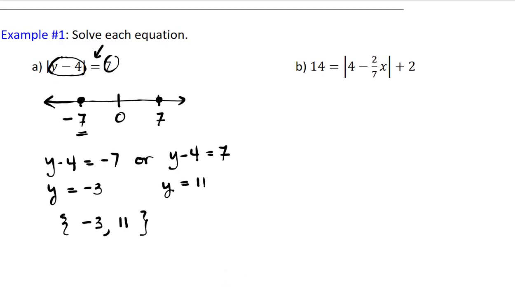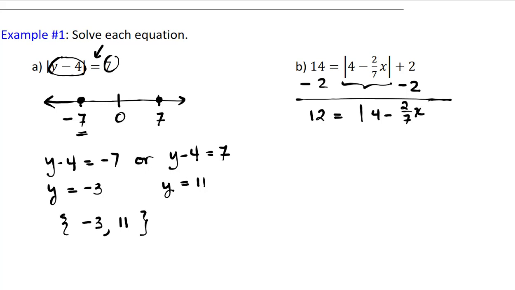On problem B, we're going to first start by isolating the absolute value term, so subtracting the 2 to both sides so that we can start interpreting the absolute value statement. This gives us 12 is equal to the absolute value of 4 minus 2/7 of x.